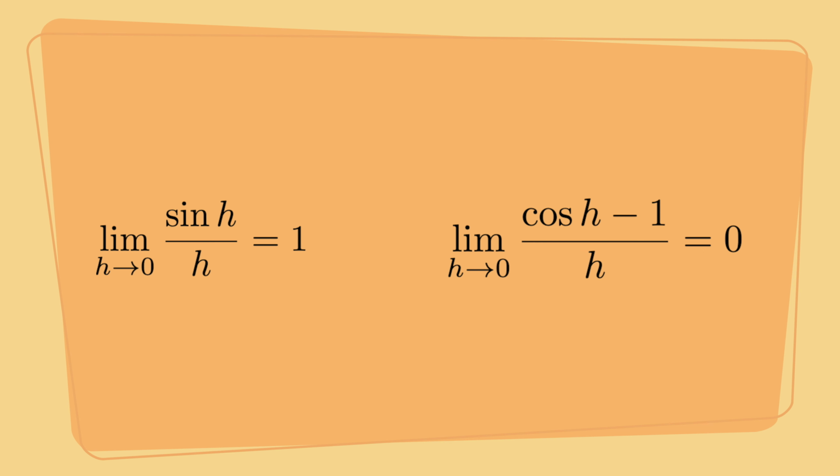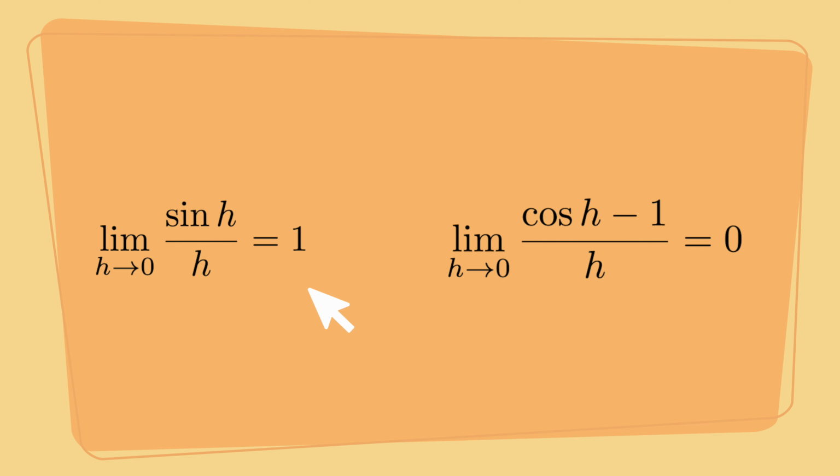Now, this limit follows from this limit. So if you can prove that the sine of h over h as h approaches 0 is 1, then you can prove this one. It's simply a combination of rationalizing the numerator and making the occasional trig substitution, and you should be able to demonstrate it. I'm going to leave that one for a homework assignment, okay, to demonstrate that this follows from this.